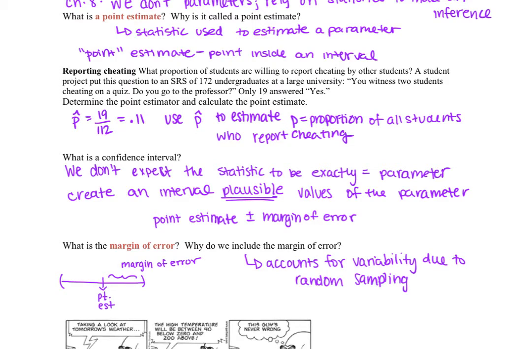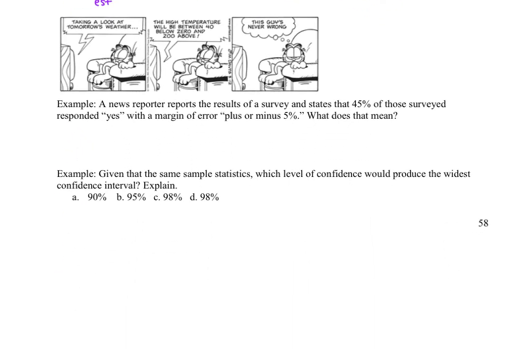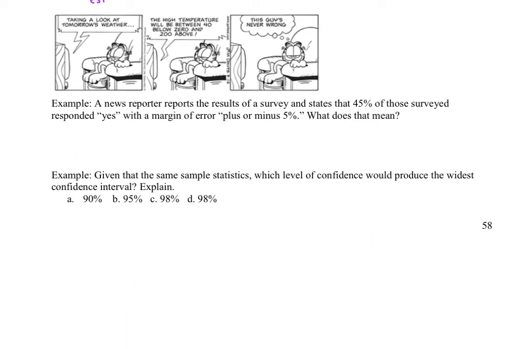So let's look at an example at the bottom here of your page. A news reporter reports the results of a survey and states that 45% of those surveyed responded yes, with a margin of error plus or minus 5%. So if I wrote that out, 45% plus or minus 5%, my interval is going to be 40% to 50%.